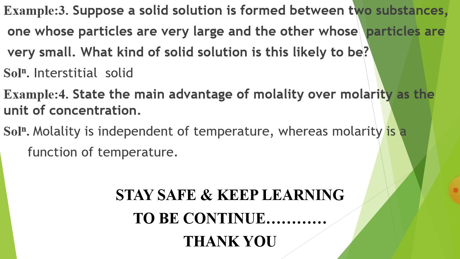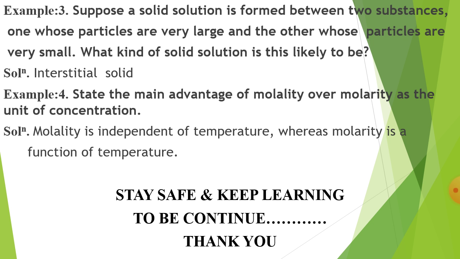Example third. Suppose a solid solution is formed between two substances, one whose particles are very large and the other whose particles are very small. So what kind of solid solution is likely to be formed?